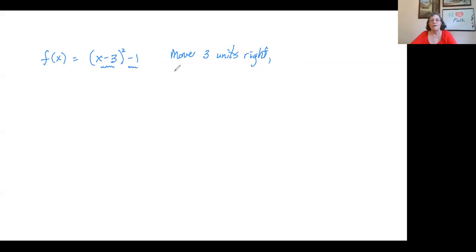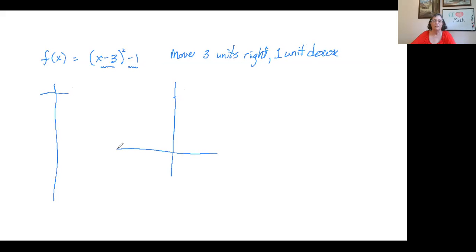The negative 1 is outside of the parentheses, so that's going to move it vertically up or down in the direction you would expect. So the negative 1 moves it 1 unit down. We'll come back and come up with some actual points.